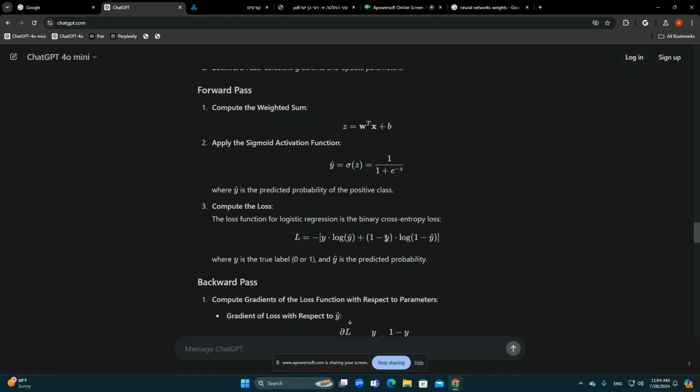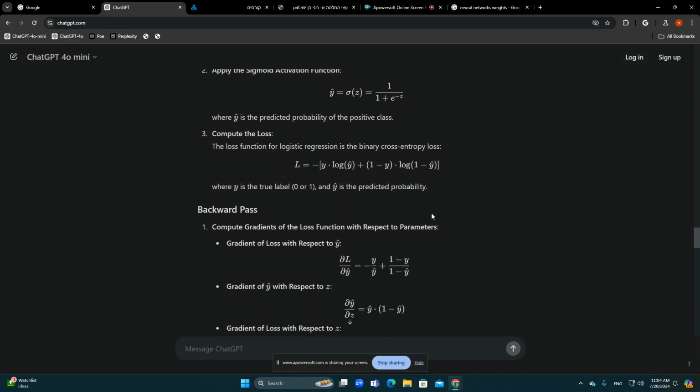Remember that y can be 0 or 1, and y hat can be somewhere between 0 and 1 because it represents probability. So 1 minus y, again y is the true label of the example, times log of 1 minus y hat. Again, this is the model evaluation, the probability it gives for the specific example we are doing now.